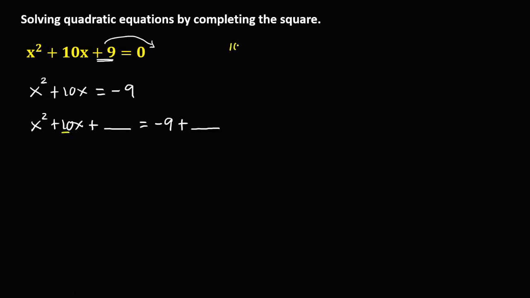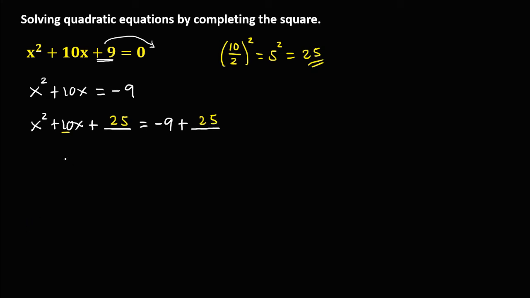So we have 10, divide by 2, then take the square. 10 divided by 2 is 5, squared is 25. So therefore 25 is the unknown number. So plus 25 both sides.